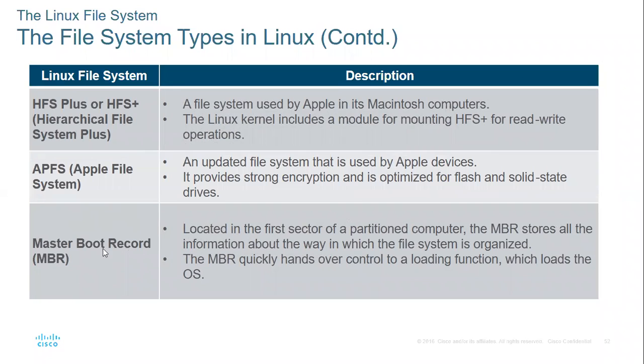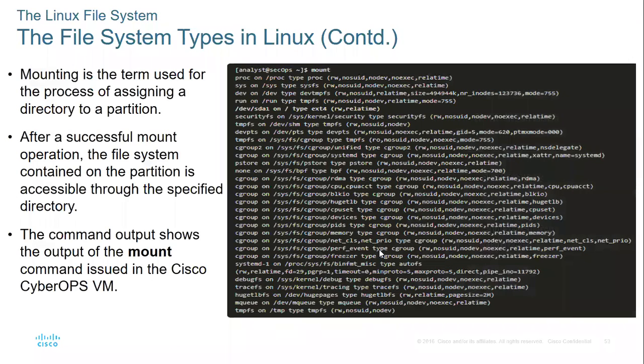We also have the master boot record. This is the first sector on a disk, and it contains the information that we can use to load certain functions or even the operating system itself. And then the term mount, very, very important.